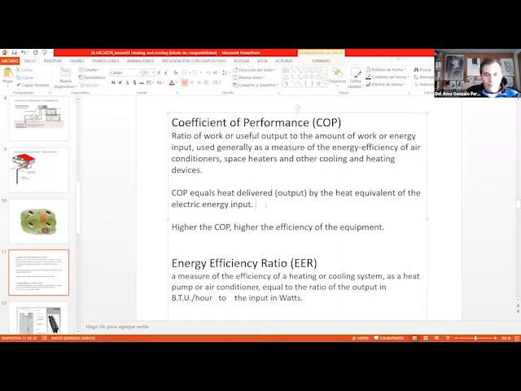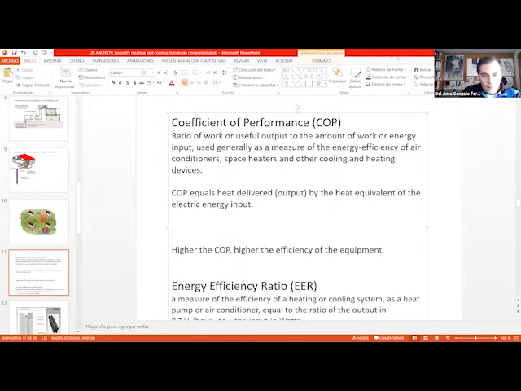Okay, so we can say that the COP equals the heat delivered divided by the electricity.